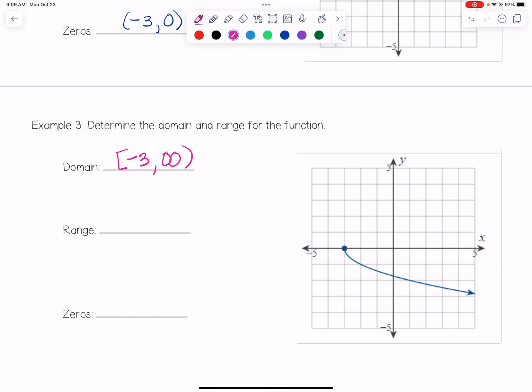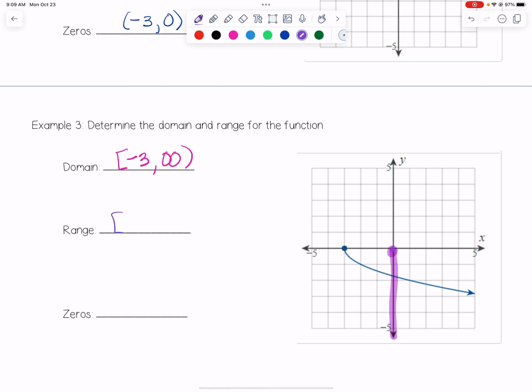Now we're going to look at the range, and the range is the y values. So the lowest y value I have is going to be at 0, and if I look at the y-axis, it's going to be 0, but this time it's going down, and it's going to go to negative infinity.